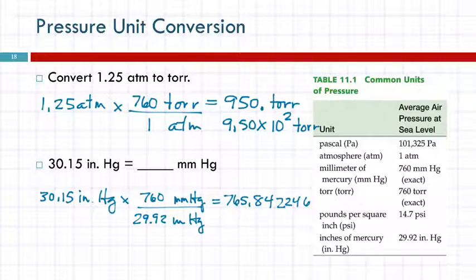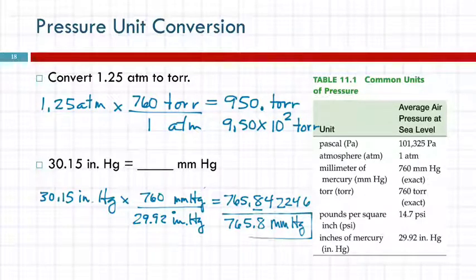No, you shouldn't think of that as exact. In this case, it doesn't matter because of this. Oh, that looks like meters. This is inches. So we should have 4 significant figures, so we should call this 765.8 millimeters of mercury. Any questions?